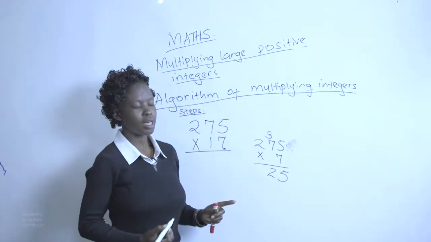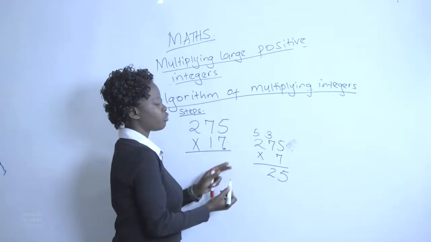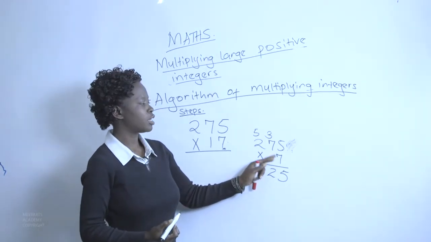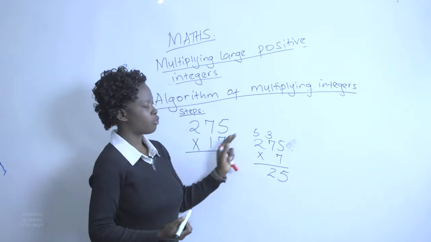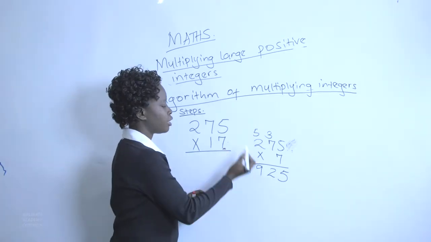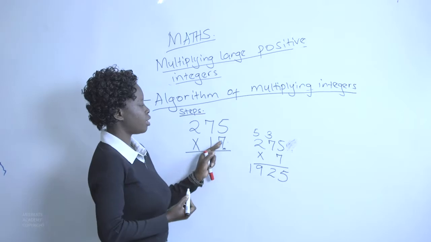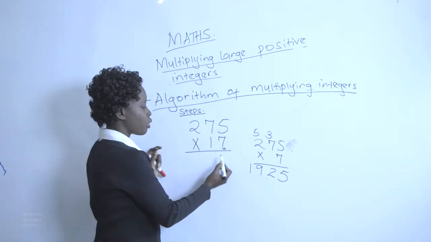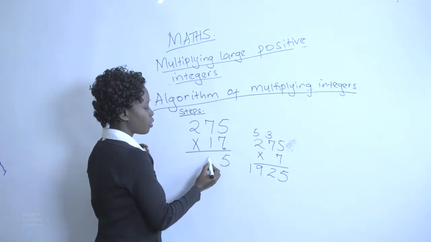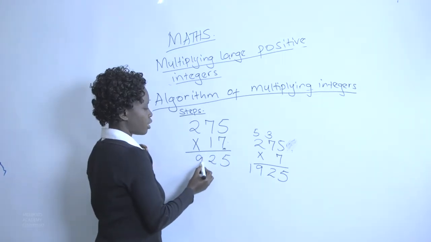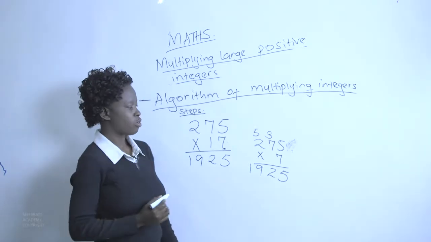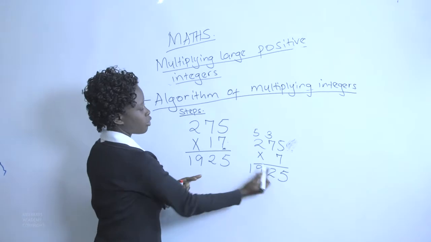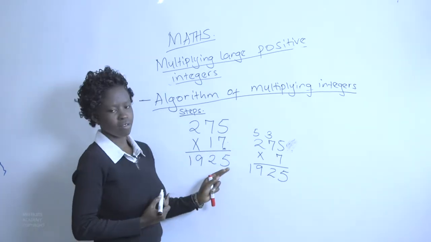So write 2, carry 5. Then we have 2 times 7 will give us 14. 14 plus 5, we get 19. So when we multiply 275 by 7, we obtain 1925. So we write it in that order, with the last figure just below the 7.